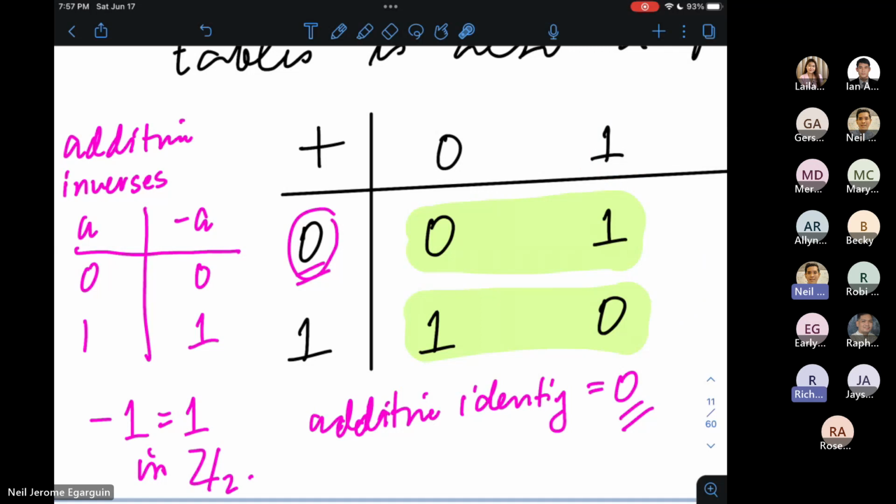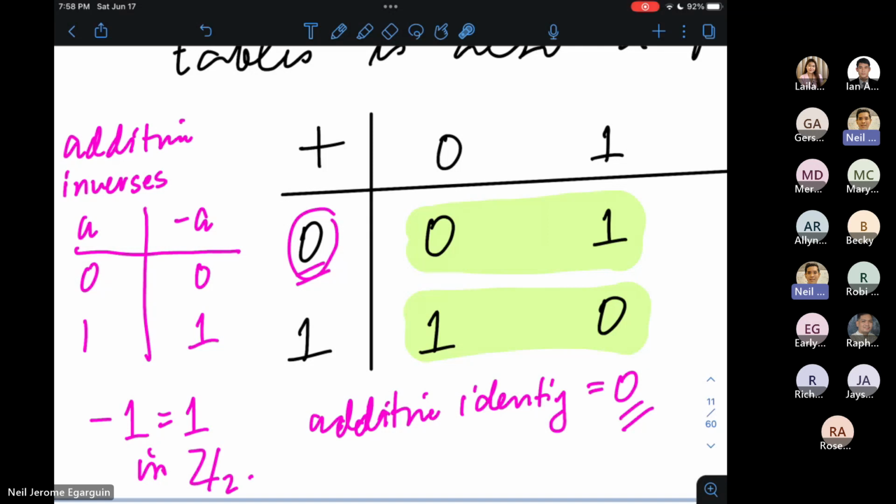Sir, question? Yes, go Richard. Yeah, so can we say, sir, na hindi unique yung additive inverse ng field na to? Okay. Yeah. Just some technicality there.